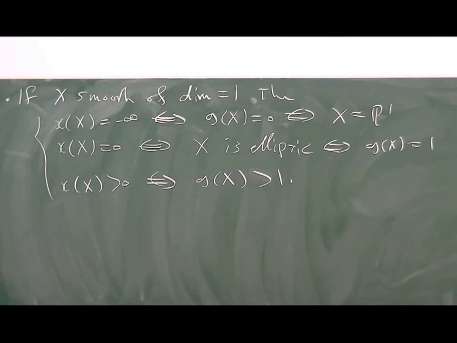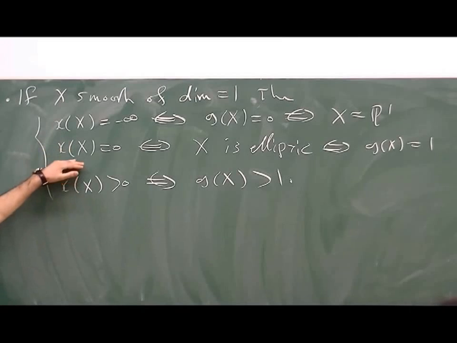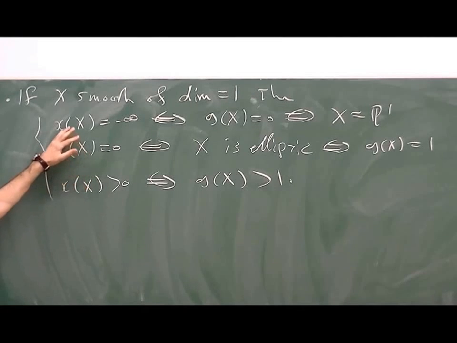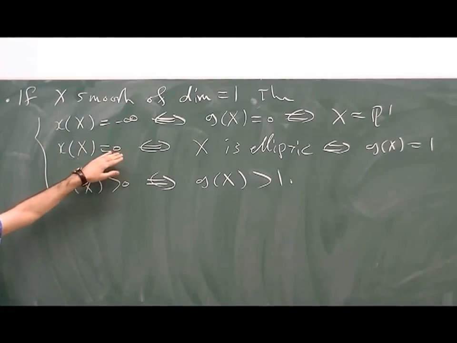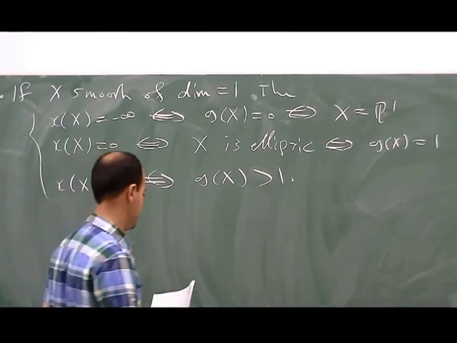So you have a topological interpretation of this number, Kodaira dimension. Already for curves, you see that different Kodaira dimensions will give you very different geometric things. So, for example, P1 is very different from a higher genus curve.